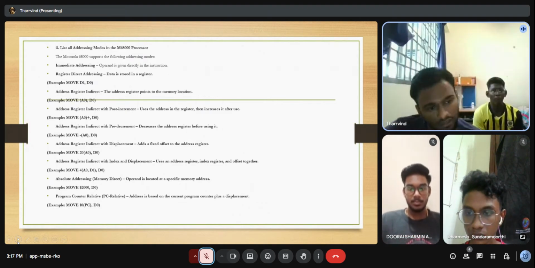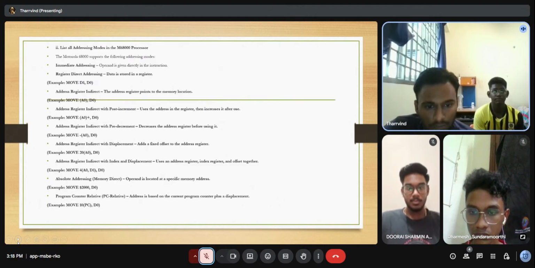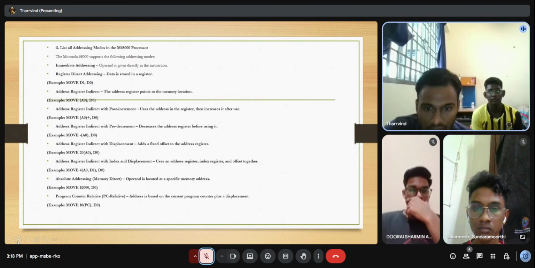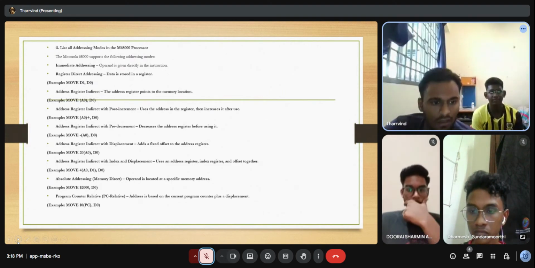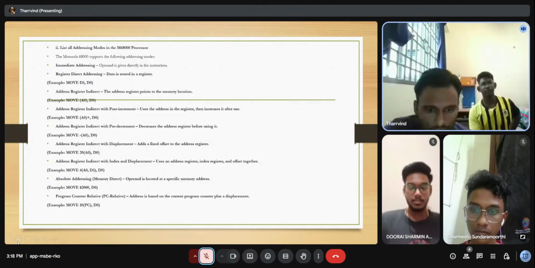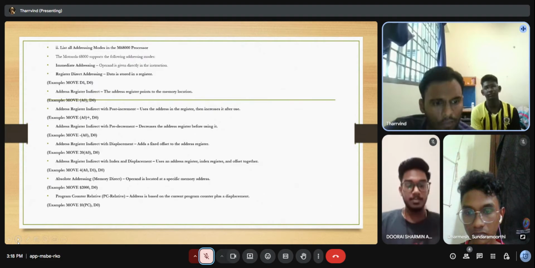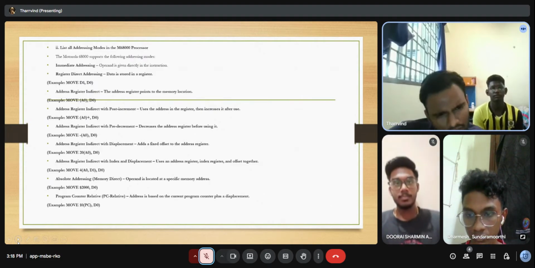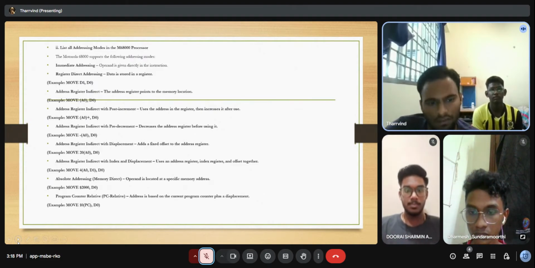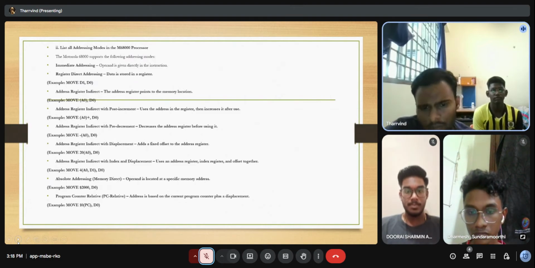The next one is address register indirect with index and displacement, which uses an address register, index register, and offset together. Absolute addressing, or memory direct: the operand is located at a specific memory address. After that, program counter relative: the address is based on the current program counter plus displacement.